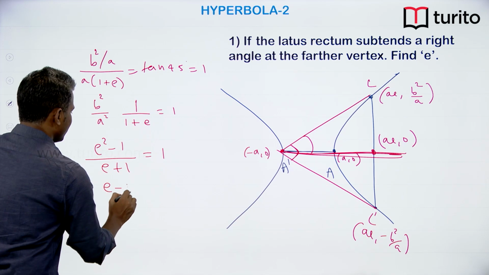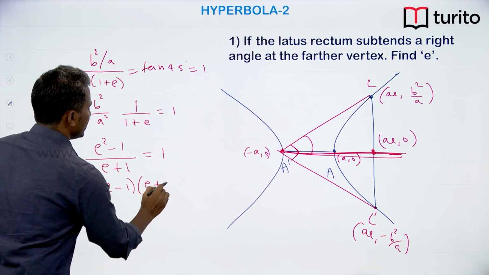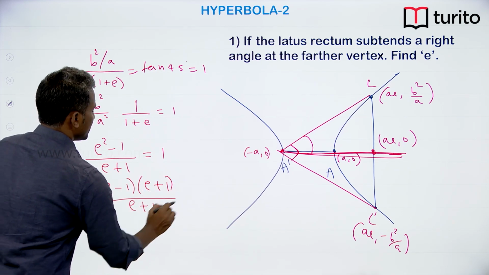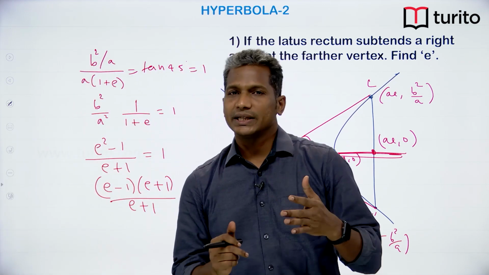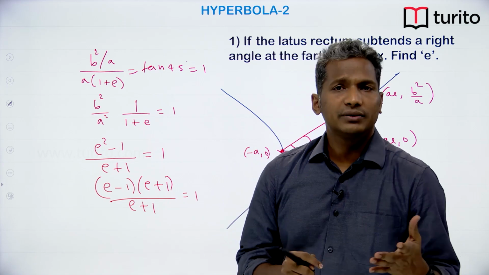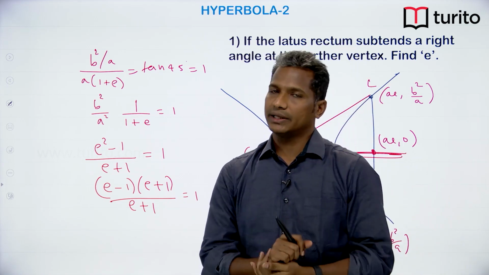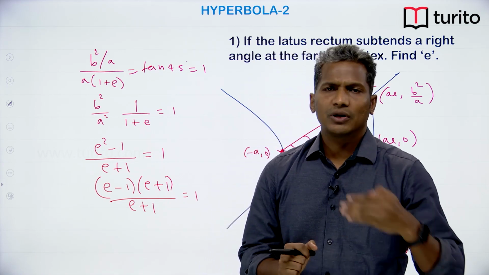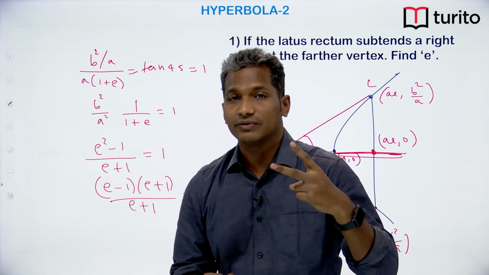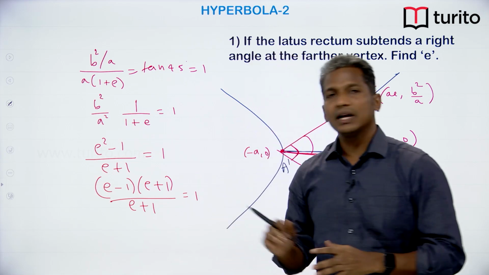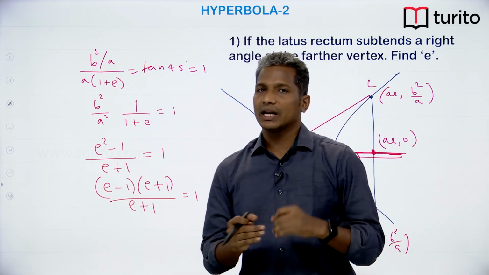So, e square minus 1 can be factorized as (e minus 1) into (e plus 1) by (e plus 1) equal to 1. Now, we know that the value of eccentricity e is always positive irrespective of the curve that you are taking. For ellipse or hyperbola or parabola, e is always a positive number because it is a ratio of distances. So, e plus 1 can never be 0, so we can cancel it.